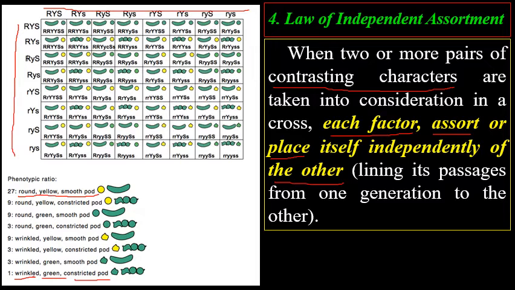We can see 27 individuals of round yellow smooth pod, 9 individuals of round yellow constricted pod, 9 individuals of round green smooth pod, 3 individuals of round green constricted pod, 9 individuals of wrinkled yellow smooth pod, 3 individuals of wrinkled yellow constricted pod, 3 individuals of wrinkled green smooth pod, and lastly the remaining 1 individual of wrinkled green constricted pod.